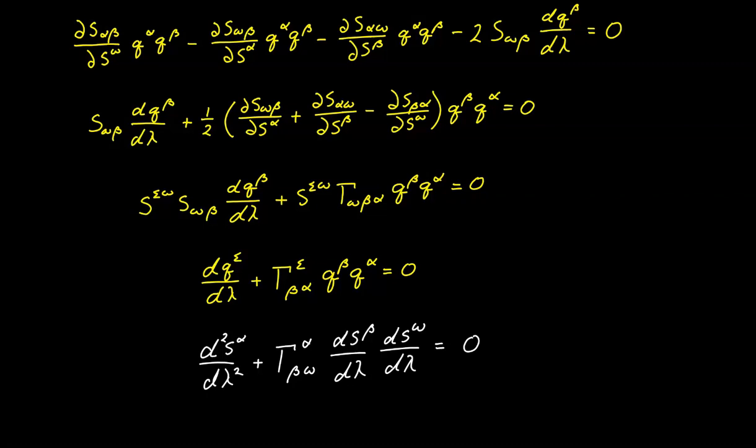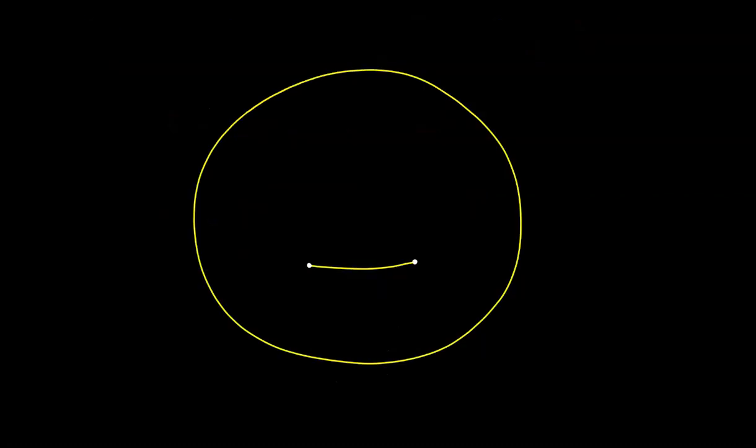Let me illustrate what I'm talking about using a spherical surface. Here we have a spherical surface with 2 points here and here, and I have connected the 2 points with a geodesic curve. Now for a spherical surface, that's just a segment of a great circle. And as it turns out, this is the minimum length path between these 2 points.